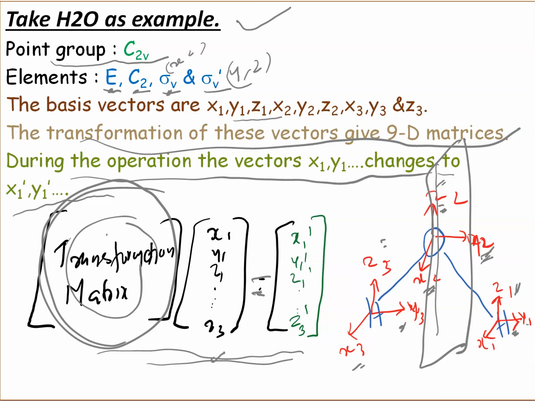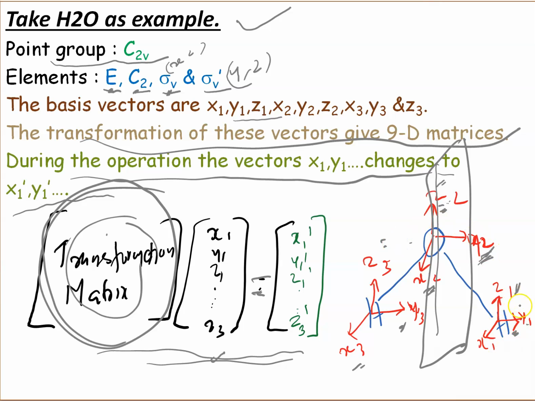This is the plane. Therefore, in this case also, z2 and x2 are retained. Z2 and x2 have no change in position and no change in direction. Y2 position doesn't change, but its direction is opposite, becoming minus y2.